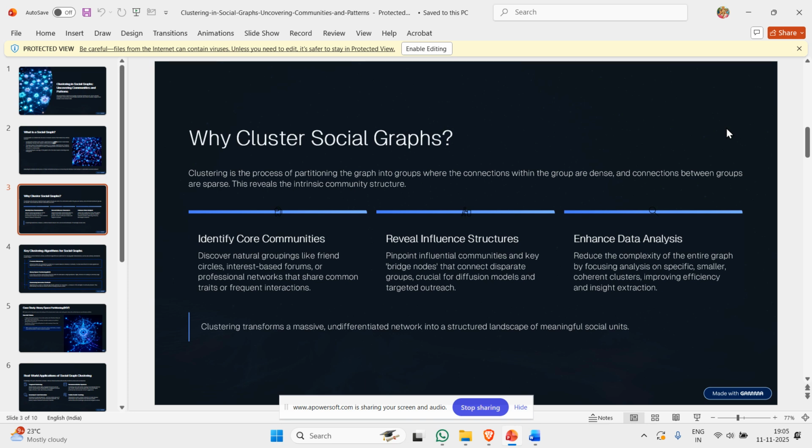Reduce the complexity of the entire graph by focusing analysis on a specific, smaller, coherent cluster, improving efficiency and insight extraction. Clustering transforms a massive, undifferentiated network into a structured landscape of meaningful social units.